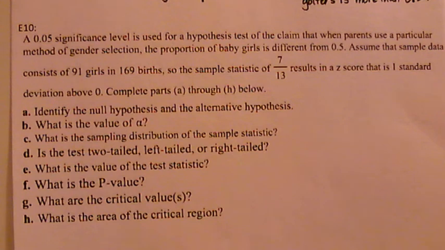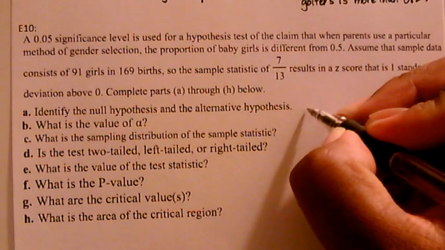Assume that the sample data consists of 91 girls in 169 births, so the sample statistic of 7/13 results in a z-score that is one standard deviation above 0. Okay? And then you're going to complete parts A through H below. In this case, you want to identify the null and the alternative hypothesis. Okay, so we'll do each one of these one at a time.